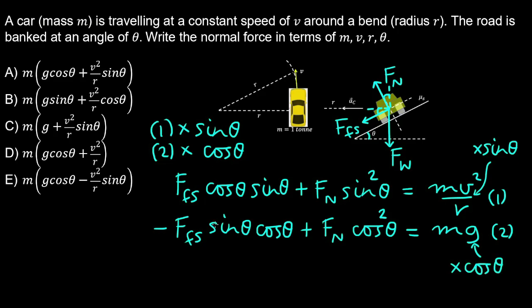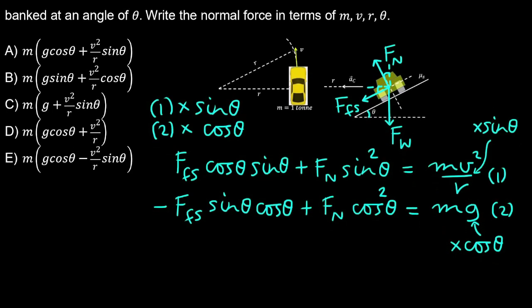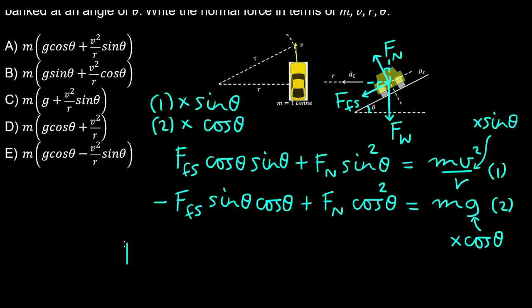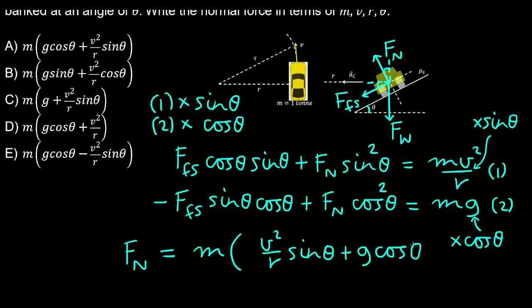So if we add these two equations and use the trig identity, we end up with the normal force on the left hand side, and factoring out m, we have v squared on r sine theta plus g cosine theta. So the correct answer is A.